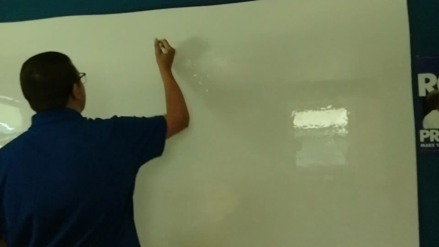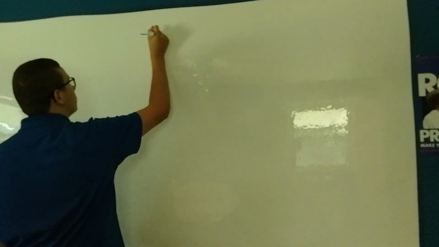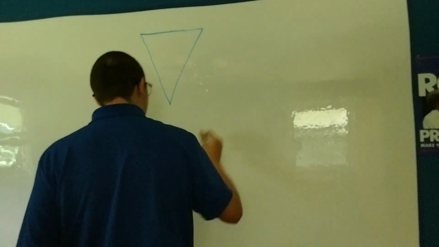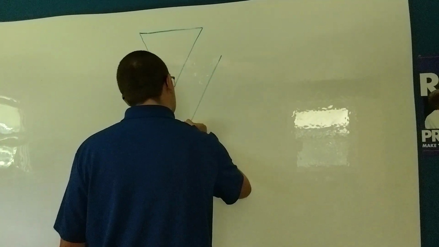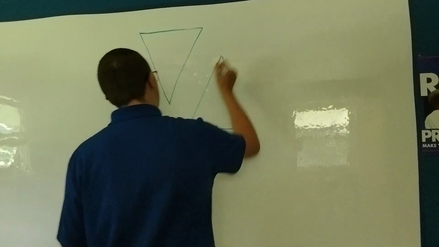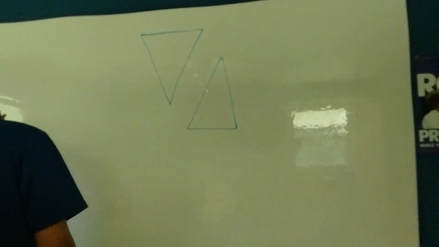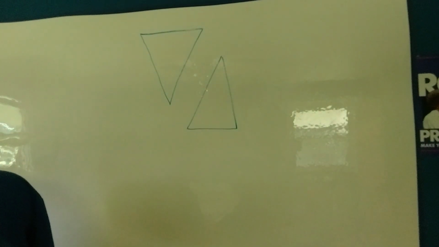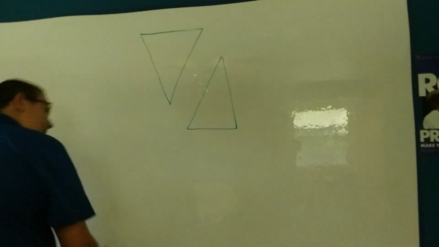Okay, let me give you two triangles here. Alright, we'll have one triangle like this, and one triangle like that. And then we'll say, what are we given? Well, first let me label these. That might help a little bit.